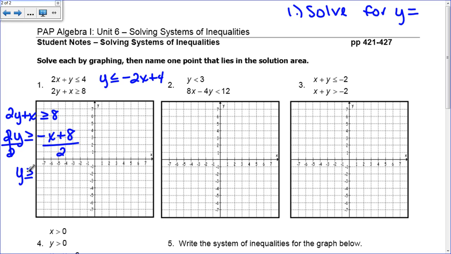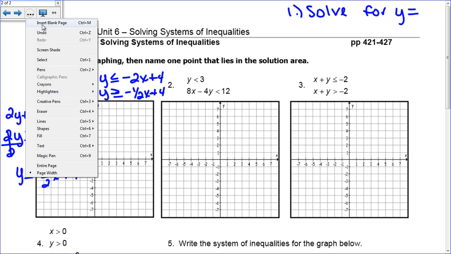I don't have to flip the symbol because I divided by a positive. If you will remember, the rule says to flip it if you are dividing by a negative. Since I divided by a positive, I'm going to leave it alone. This becomes negative 1/2, because there's a 1 there, x plus 4. So now I have my equation: y is greater than or equal to negative 1/2 x plus 4.